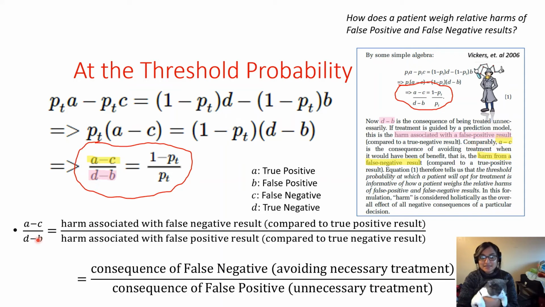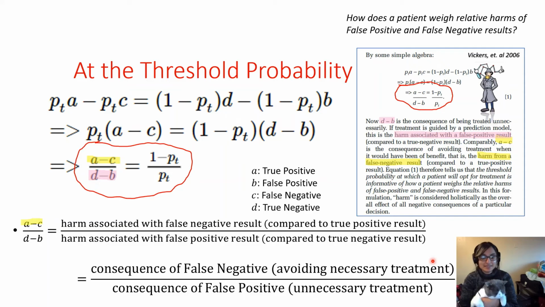Comparably, this A minus C is the consequence of avoiding treatment when it would have been of benefit. That is the harm from a false negative result. So A minus C is the consequence of a false negative, avoiding necessary treatment.